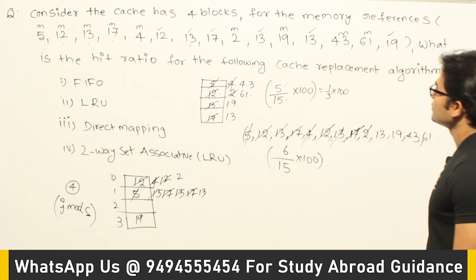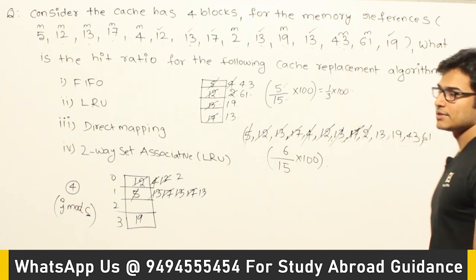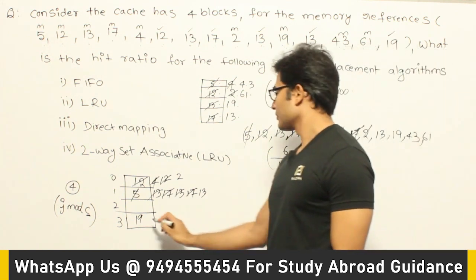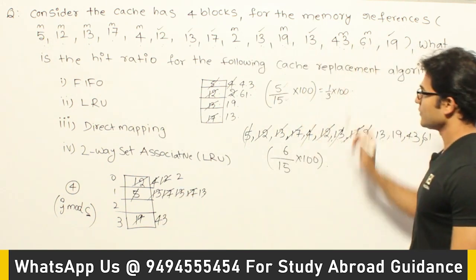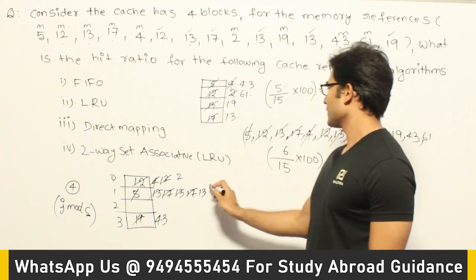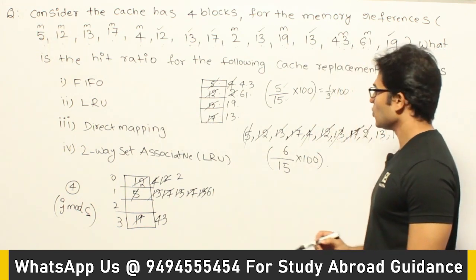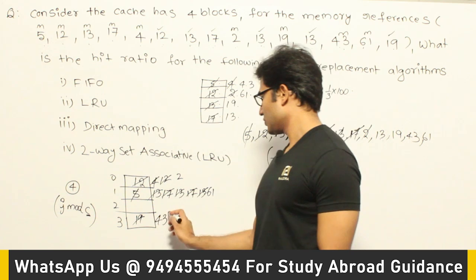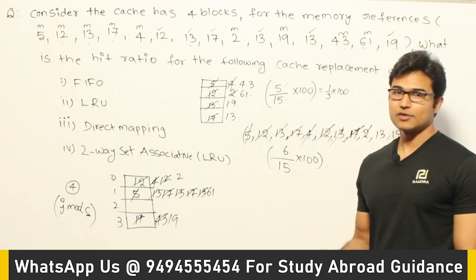And then 43, so 43 is 3, right? And then 61 is 1, and then 19, so 19 has to go here, right? So out of all this, only one hit was there, if you remember it.